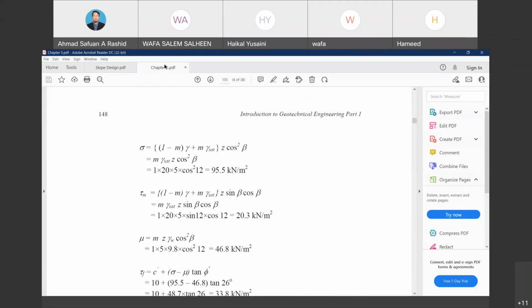So we obtain 18.34, times 6, times cos 25 squared. The value for the sigma is 90.4.